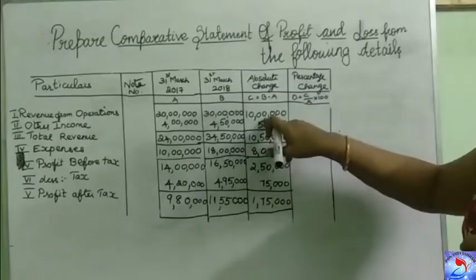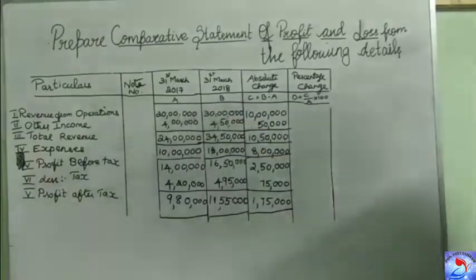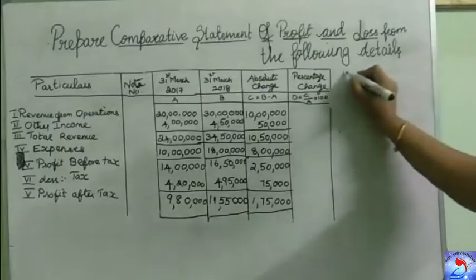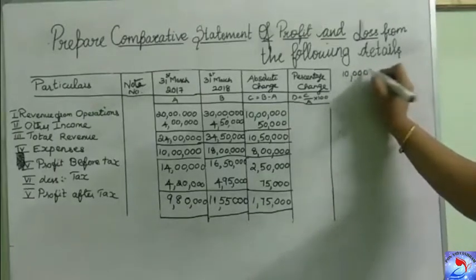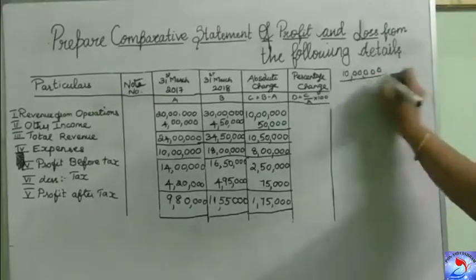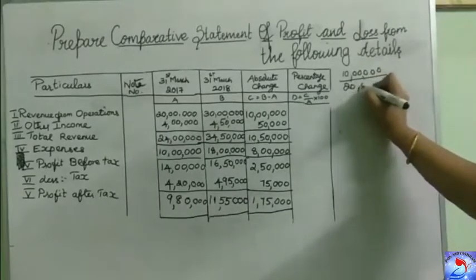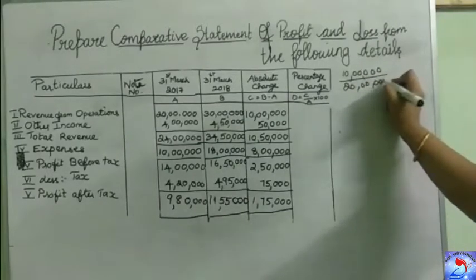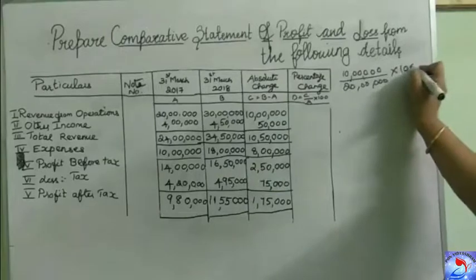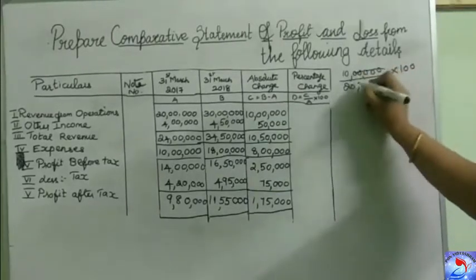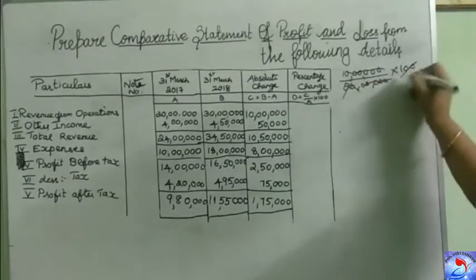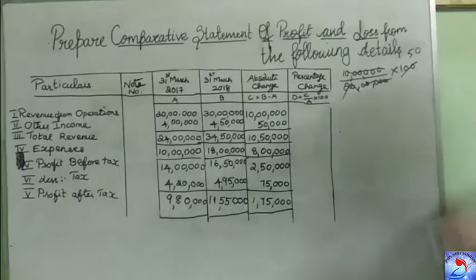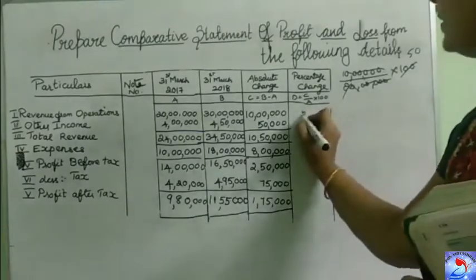C is 10 lakh, divided by 20 lakh, into 100. How much are you getting? You are getting 50% for this.